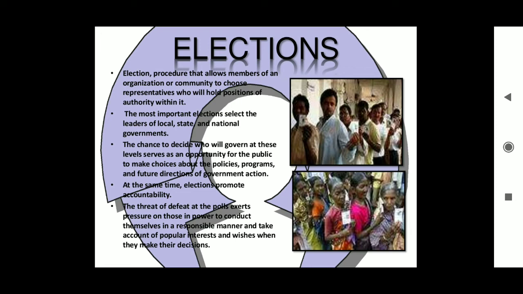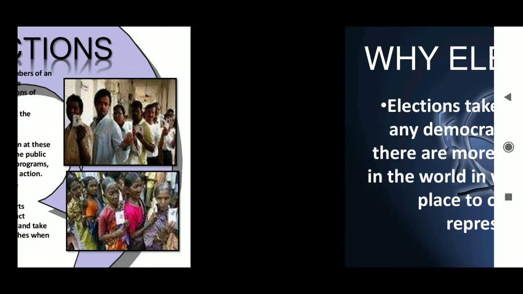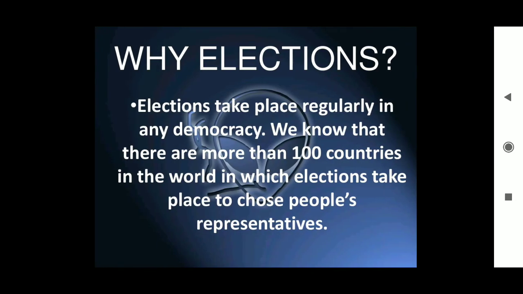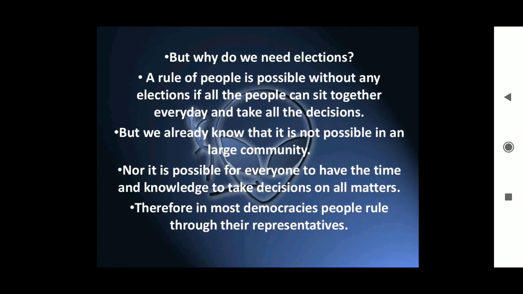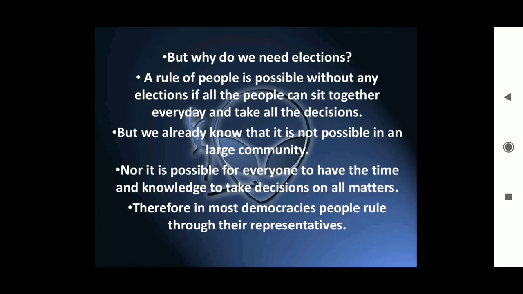Now we switch over to our next question, that is why election? Elections take place quite regularly in any democracy, and today we see that more than 100 countries are there in the world where elections are held quite regularly and people choose their representatives. Now the question is, why do we need elections?